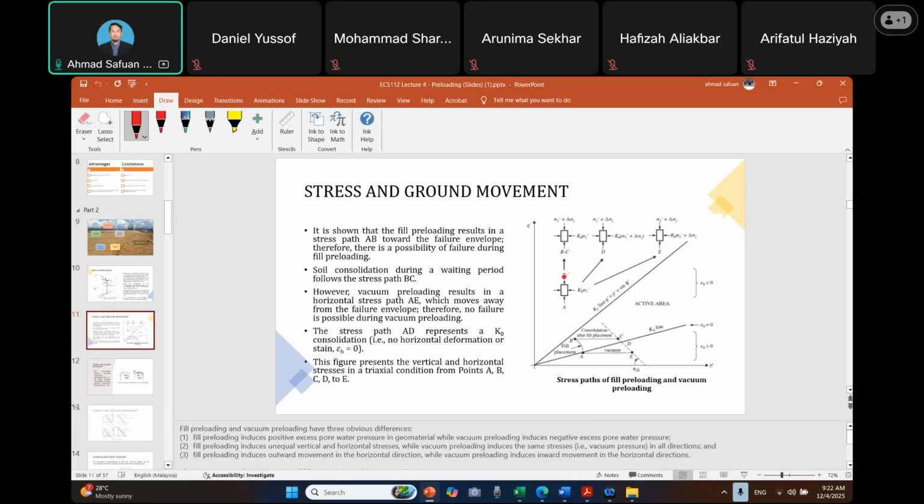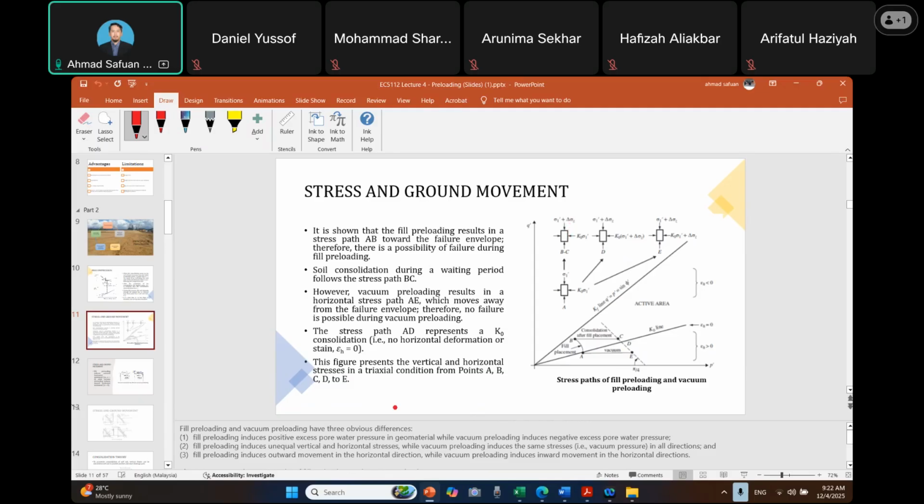From B to C, there will be an additional surcharge when we apply the preloading.